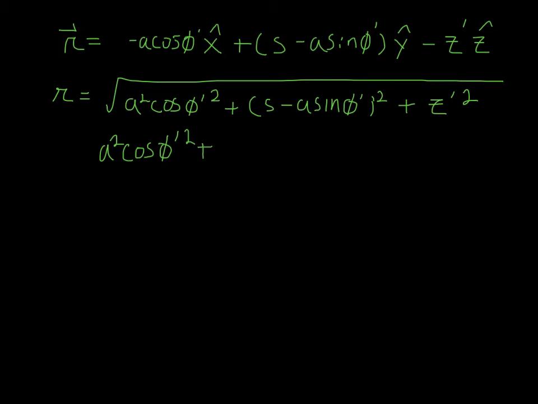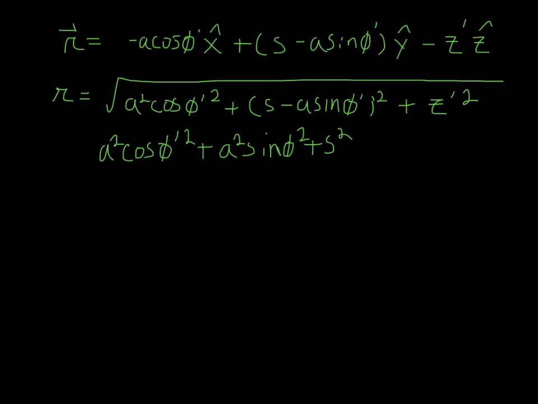I'm just going to take one term from the term in parentheses, a squared sine phi squared. All right, so I did the first term and I'm working on here. I just took the plus. You'll see why I put it in this order.